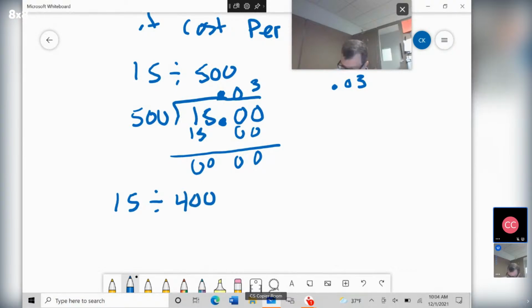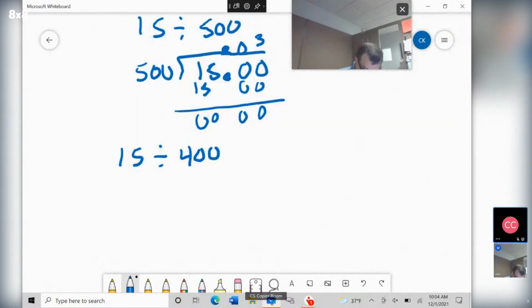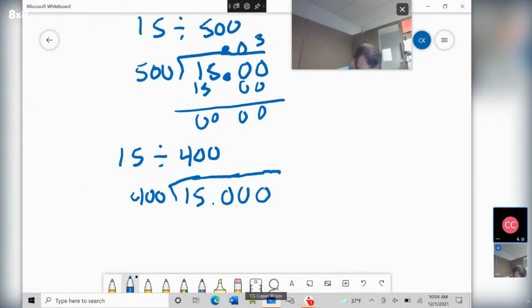Okay, so what you're going to do is, in this case, it's going to be 400 into 15. And once again, we see that 400 is bigger than the 15. So we're going to have to add some zeros here. I'll start with 3 this time. Okay, let me move this down a little bit so we have some room to do this.